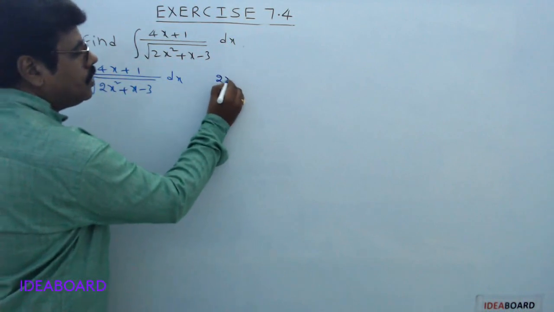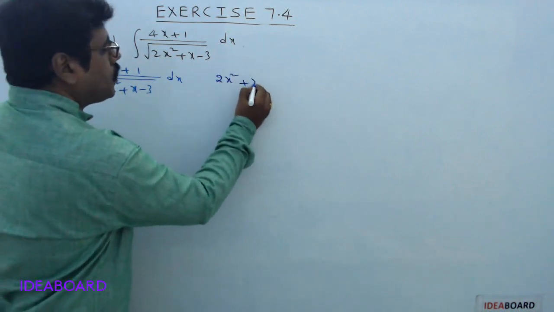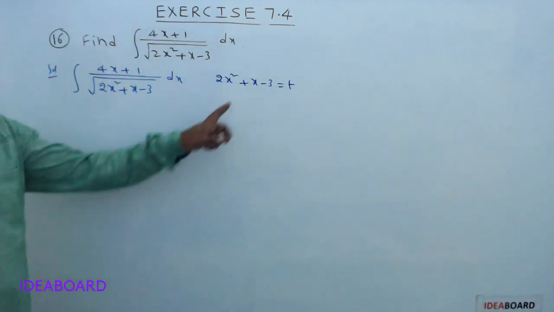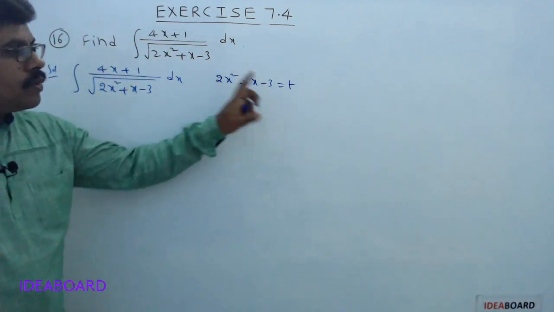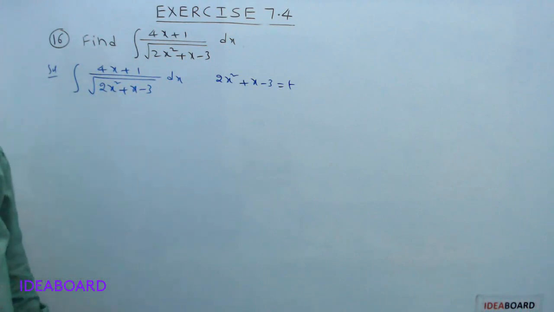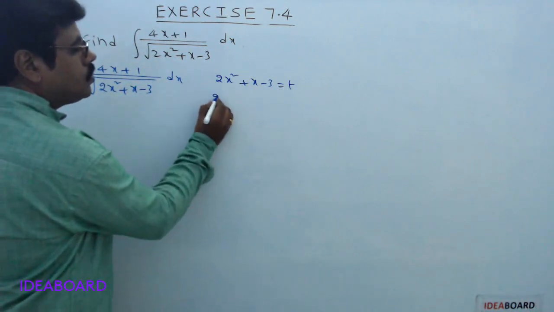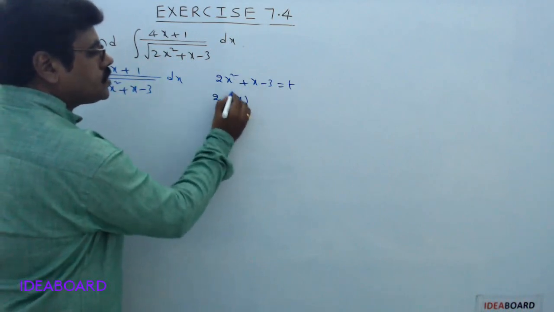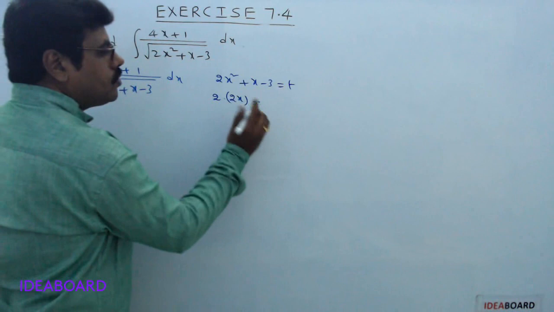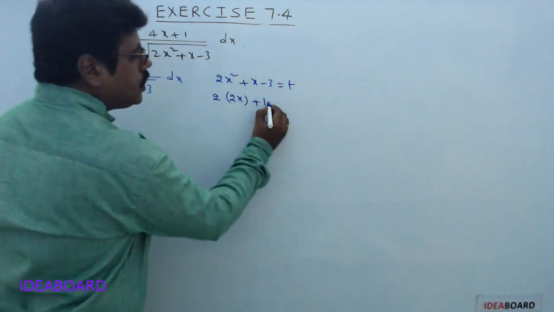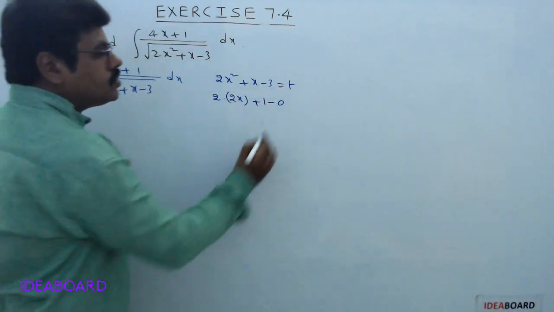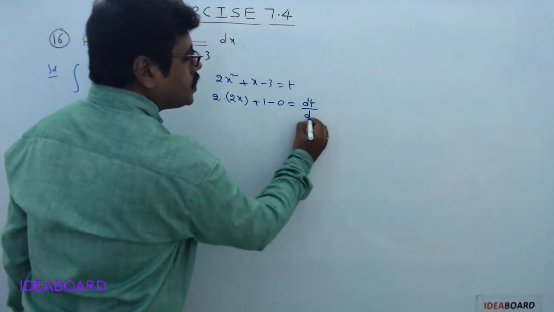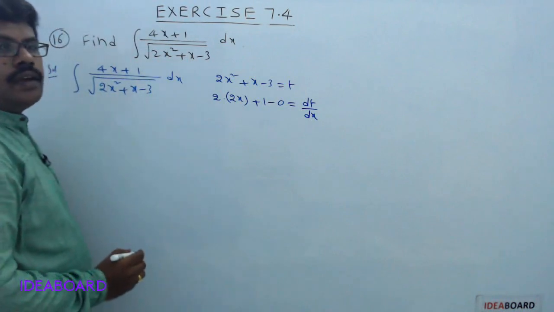Differentiate this equation on both sides with respect to x. Now it is 2 into derivative of x square, which is 2x, plus derivative of x, which is 1, the constant term 3 has derivative 0, equal to derivative of t with respect to x, which is dt divided by dx.